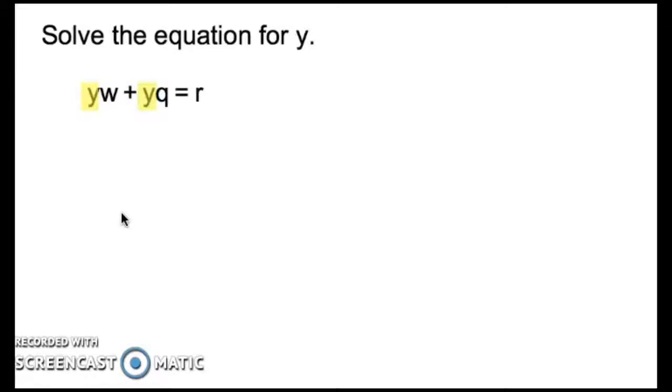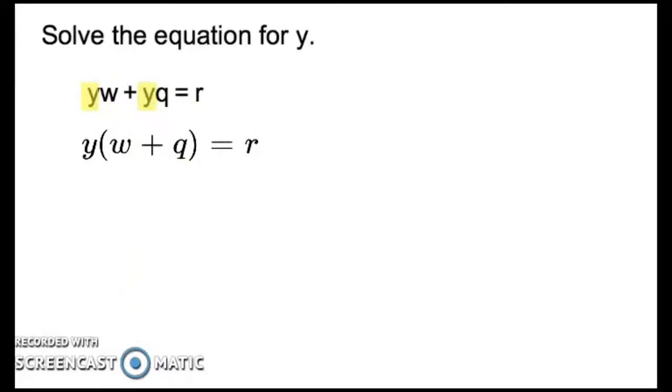So we're going to put y on the outside of a parenthesis. If you divide both of these by y, all you're left with is w for the first one and q for the second. So we'd have y times (w plus q) equaling r. What we did was we undid distributing.